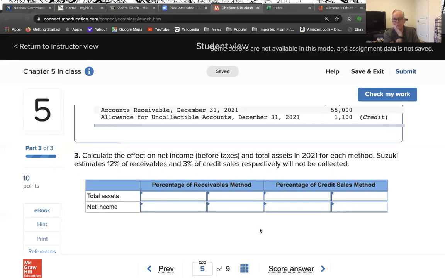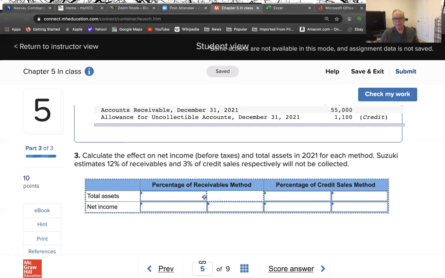Under the percentage of receivables method, I don't know why they have all those boxes there. Let's put the numbers in. Increase, decrease.